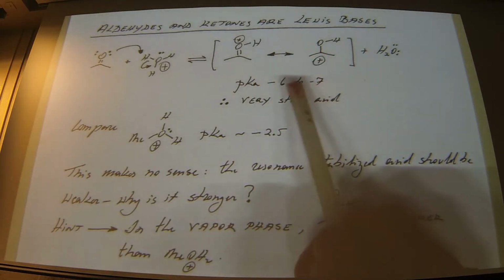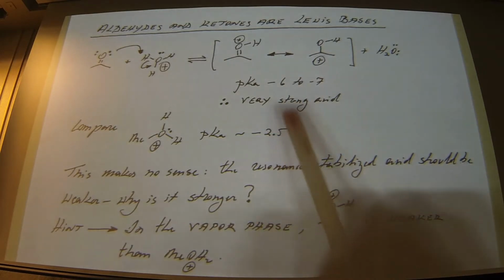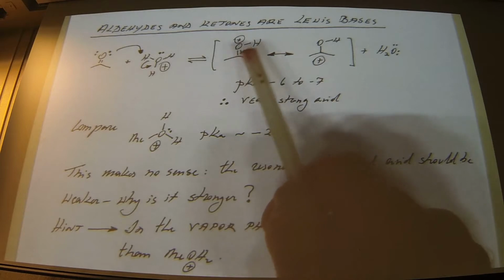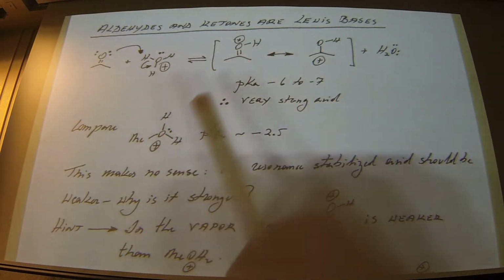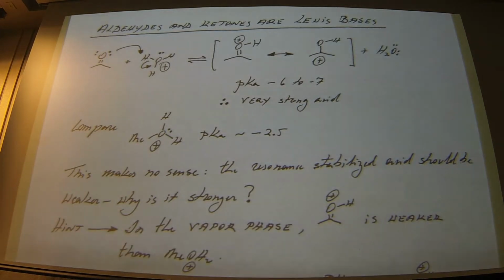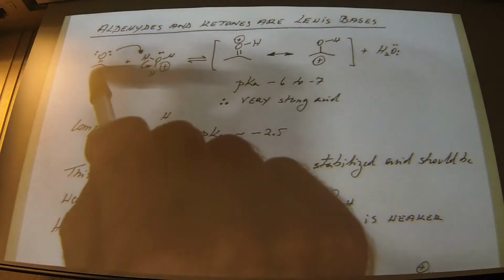So the difference is about 3.5 log units. You're only going to get a few parts per thousand of this in the equilibrium. It turns out that a few parts per thousand is enough to catalyze a lot of reactions and to explain a lot, but remember that the equilibrium typically will favor the ketone.